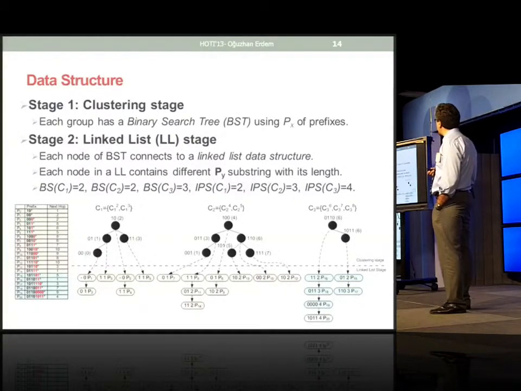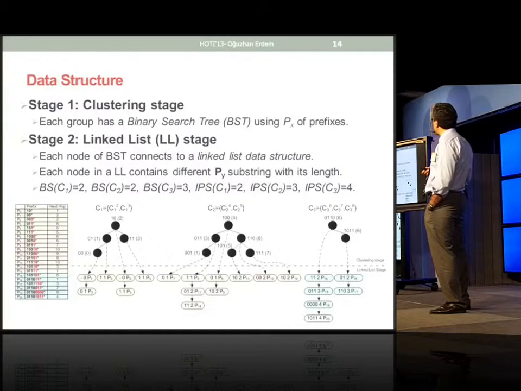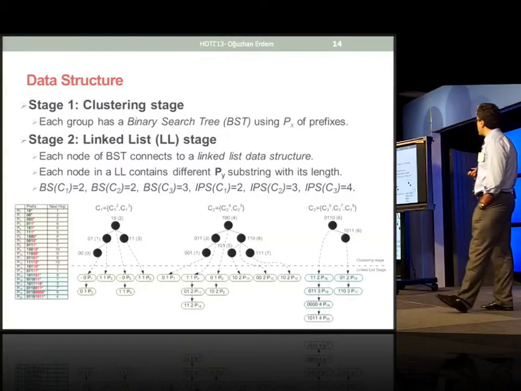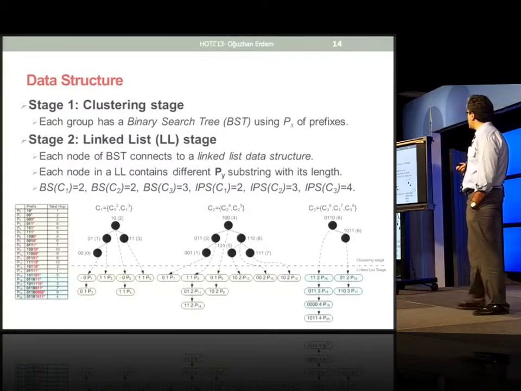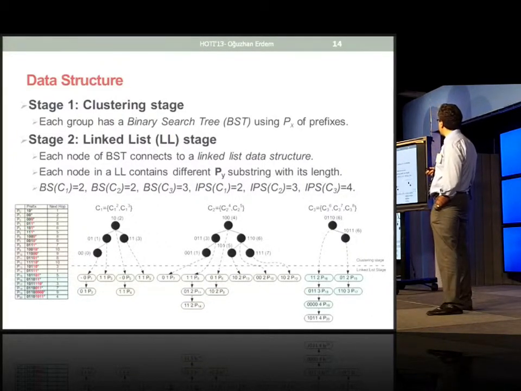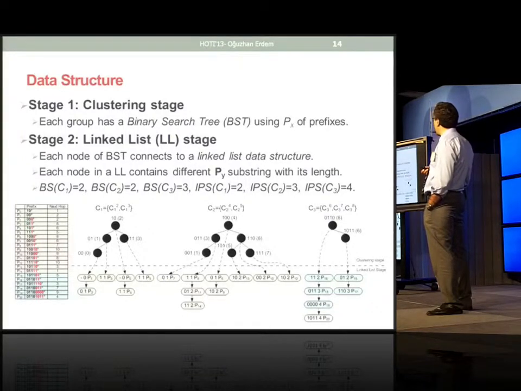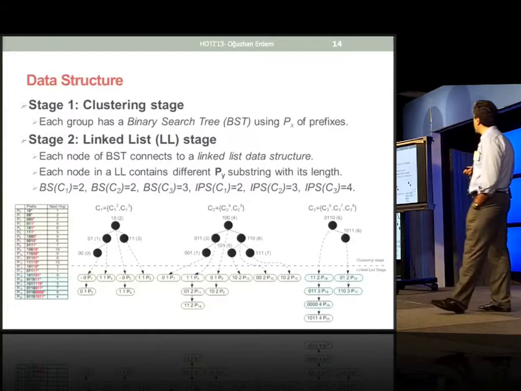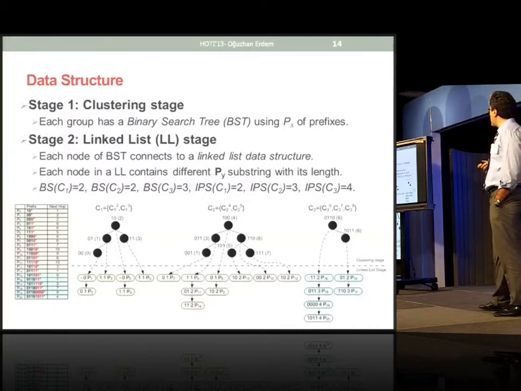Similarly, the second cluster, C2, includes the prefixes whose lengths are 4 and 5. Therefore, the block size is, again, 2. And the last cluster includes the prefixes whose lengths are longer than 6, and the block size is 3. And the IPS values of clusters C1, C2, and C3 are 2, 3, and 4, respectively.